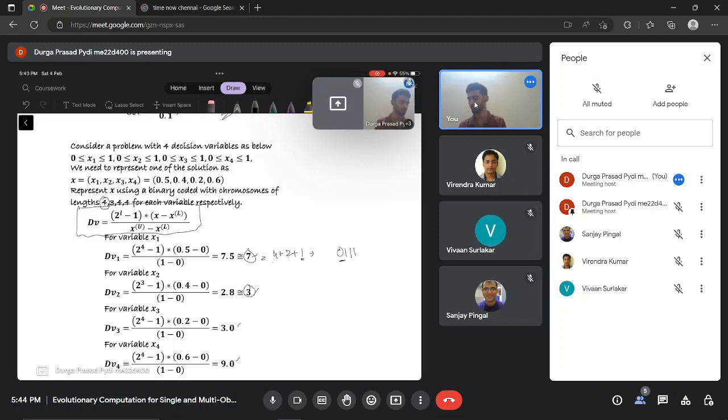Then 3 is essentially 2 plus 1, like 1, 1, but I have set a chromosomal length of 3, so the first bit will be 0. And you have 3 again here, but here we have a chromosomal length of 4, so I need 4 bits. So 1, 1 and the remaining 2 will be 0.